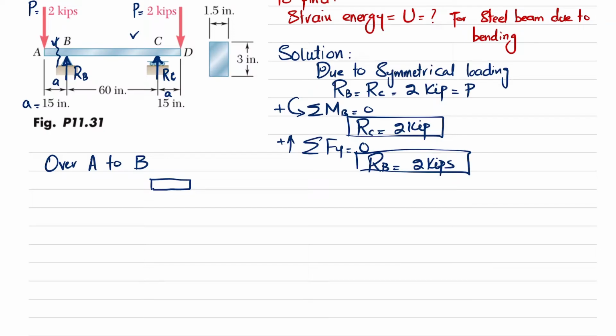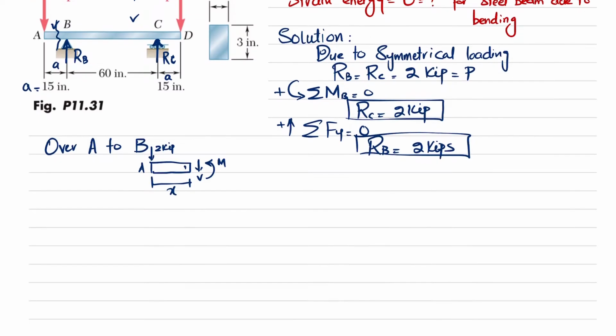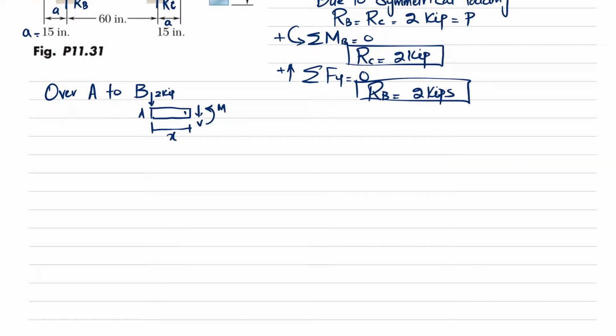Let this be your point A. At point A we have 2 kips, and let the distance be x, so here there will be a shear force and a reaction moment. Let this be point 1, so we take the sum of all moments about point 1 equal to 0, taking the counterclockwise moment as positive.